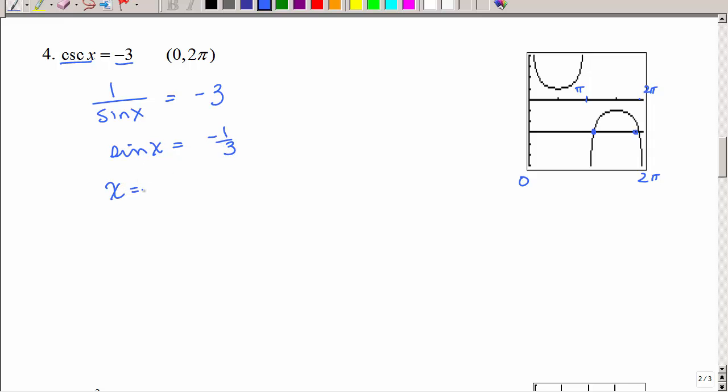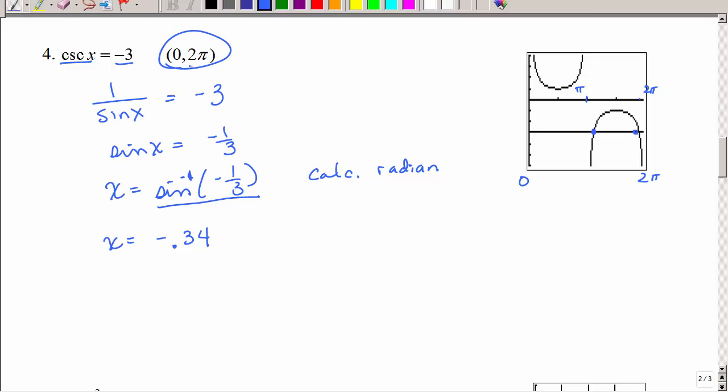Then take the inverse sine. Then calculator, radian mode, inverse sine of negative 1/3. What does your calculator give you? It gives you negative 0.34.